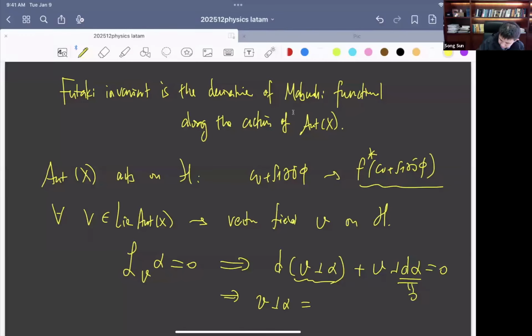And this is exactly the Futaki invariant of V up to a constant. It's constant on H, which means it's independent of the choice of omega. Okay, so this briefly explains the picture of why we expect such a thing. But of course, the actual proof of any of this will involve a lot of work.